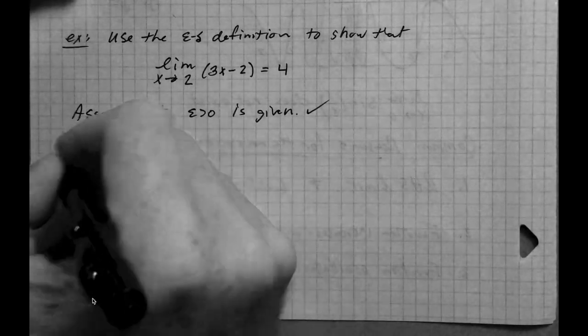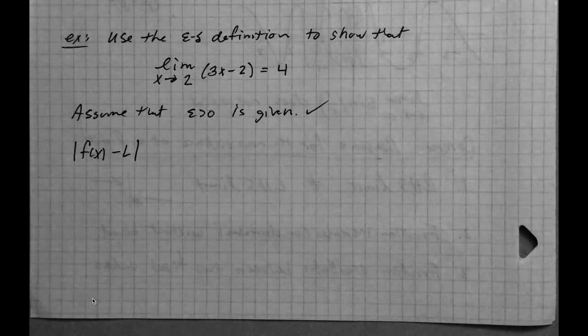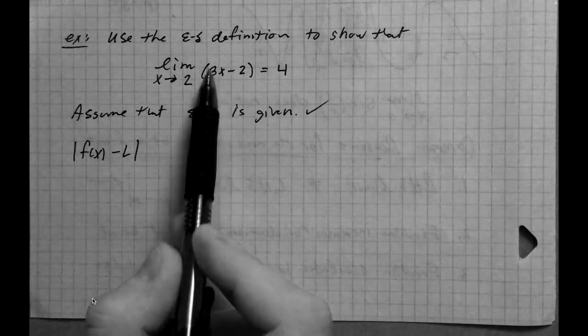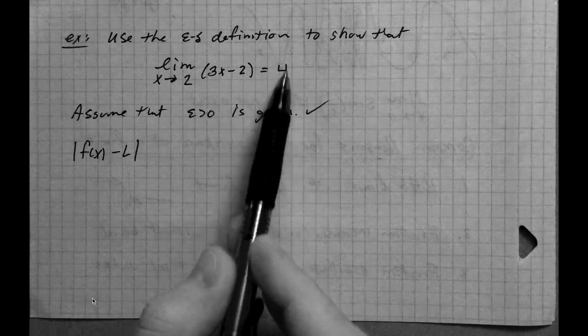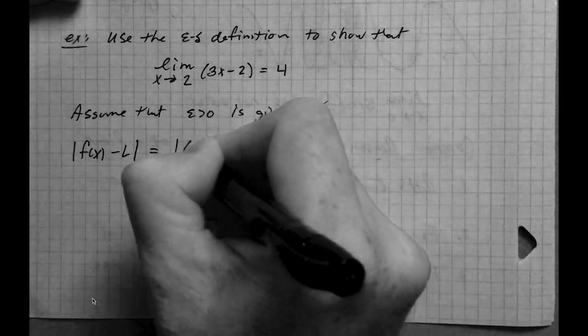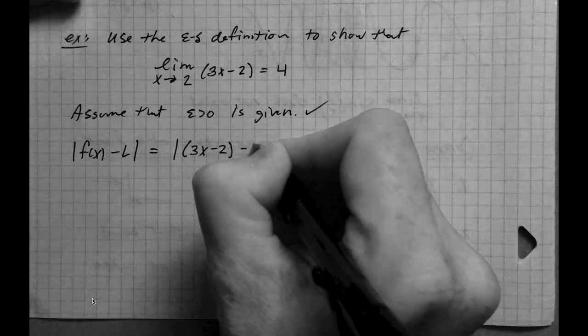Now the thing you want to do in the background of these things is to start by looking at this value here, right? When you have a concrete function and a concrete value of L, you can start evaluating this. So when I do this, I get the absolute value of 3x minus 2, and then minus L would be minus 4, right?